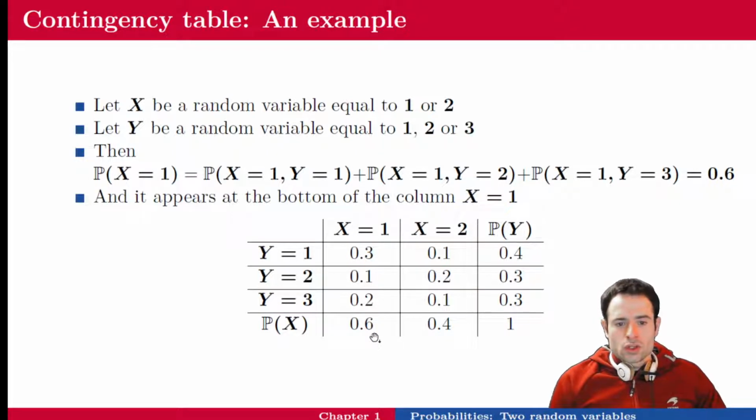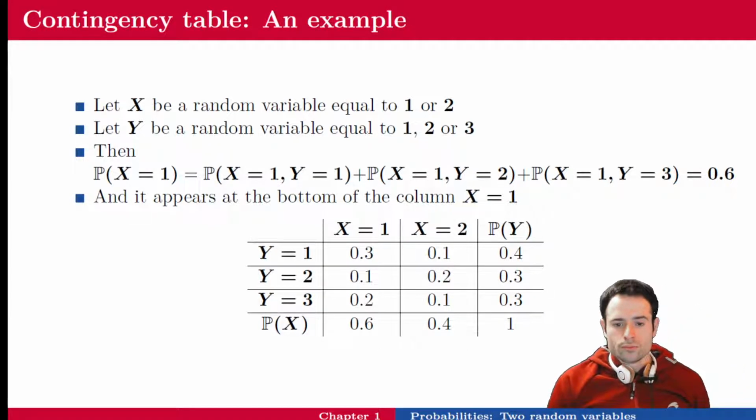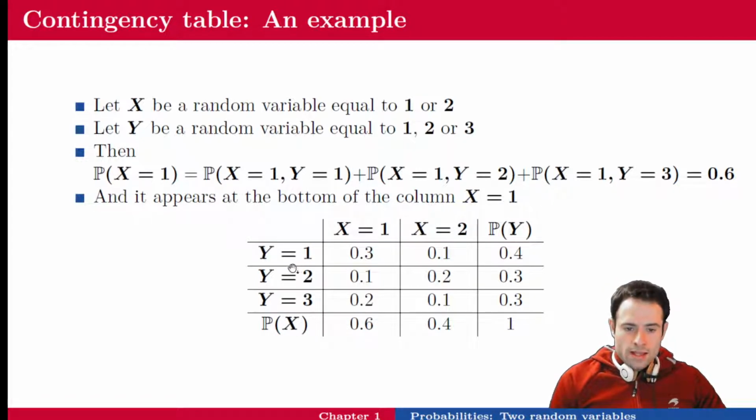The same way we can do the probability that x is equal to 2. We add the probability that x is equal to 2 and y is equal to 1, x is equal to 2 and y is equal to 2, and x is equal to 2 and y is equal to 3. 0.1 plus 0.2 plus 0.1, 0.4.